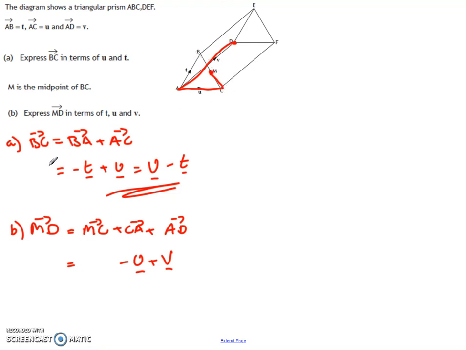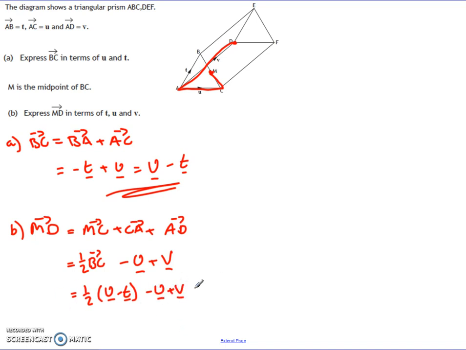Well, B to C is given by this part here. So if I want to go from M to C, I'm only going half the journey. So what that means is M to C is equal to a half of the B to C journey. So in that case, it's equal to a half bracket u minus t, take away u plus v.